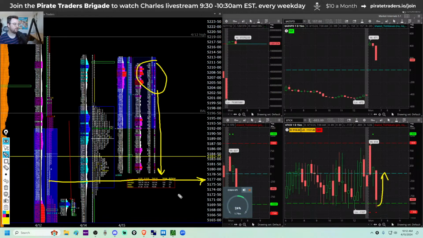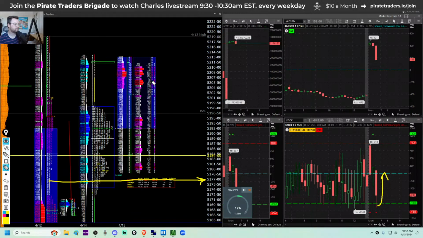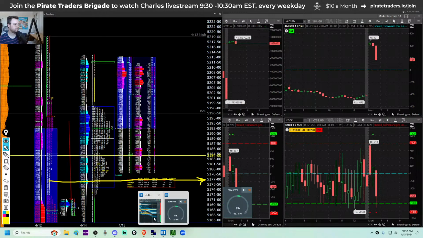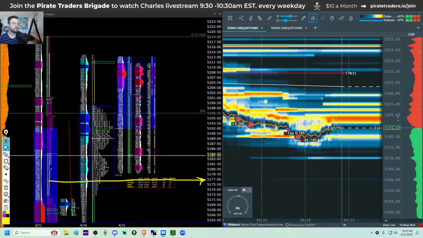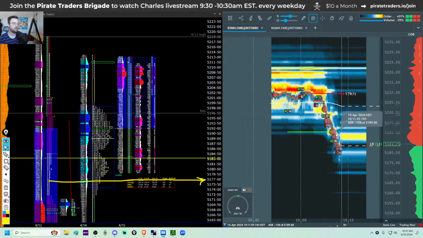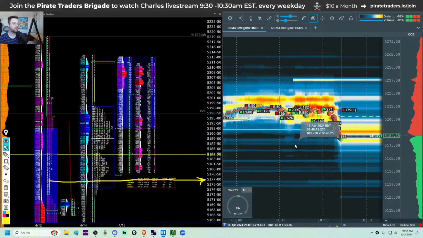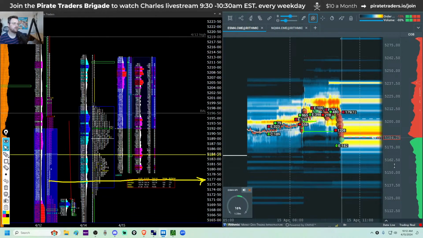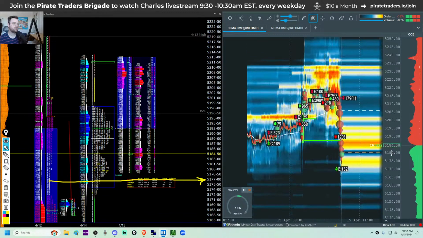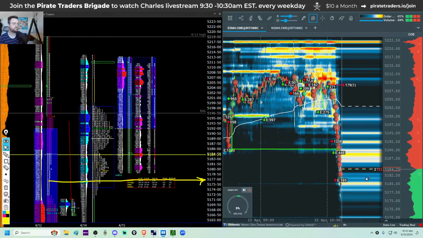So we must adjust our thinking to understand that these are going to be large ranges. Yeah, that whole move was just taking out stops.